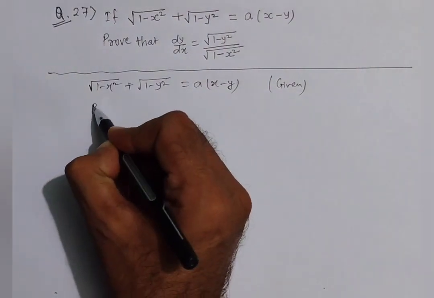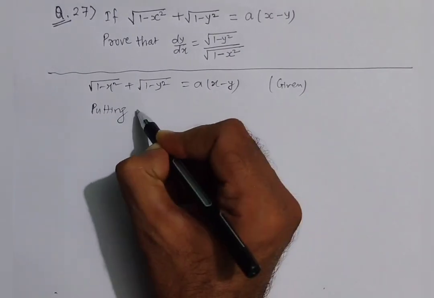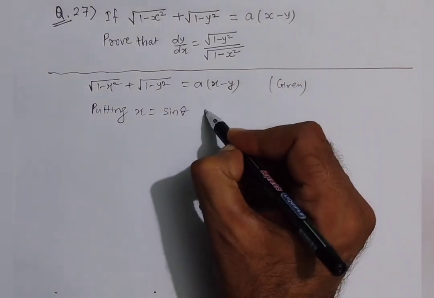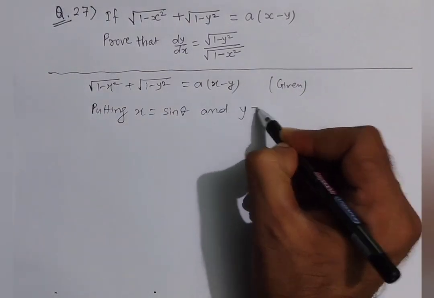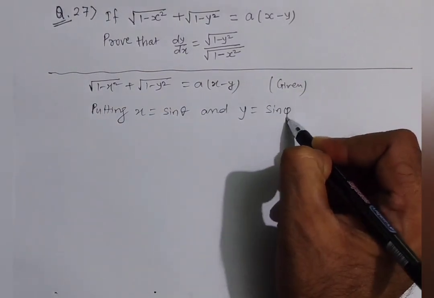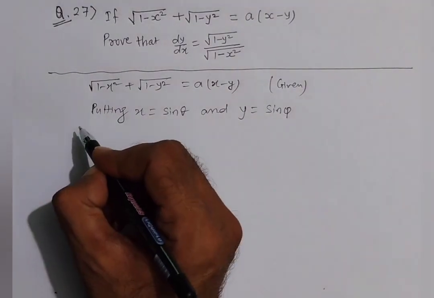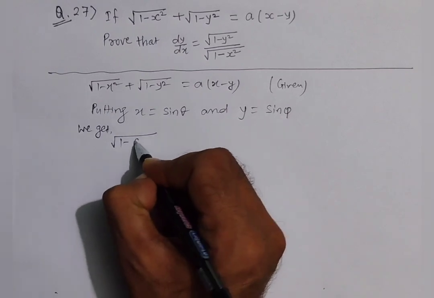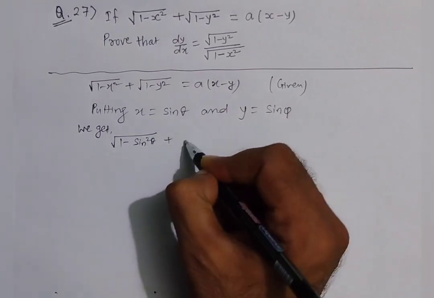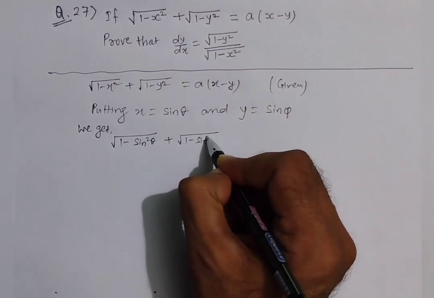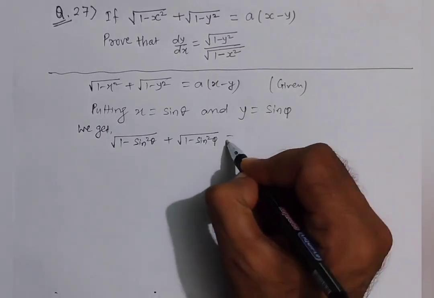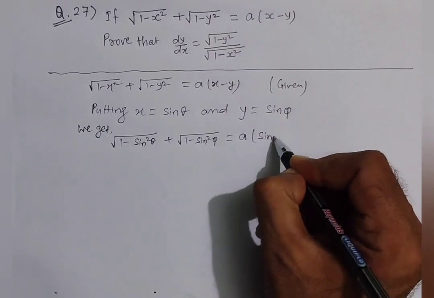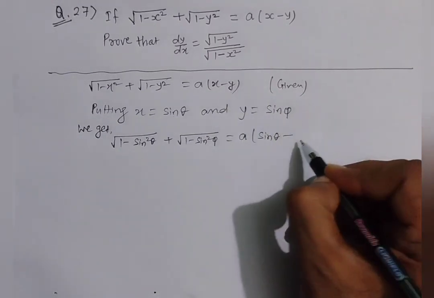So putting x equals sin theta, and y equals sin phi, then we get square root of 1 minus sin square theta plus square root of 1 minus sin square phi equals a into, in place of x we will write sin theta, and in place of y we will write sin phi.